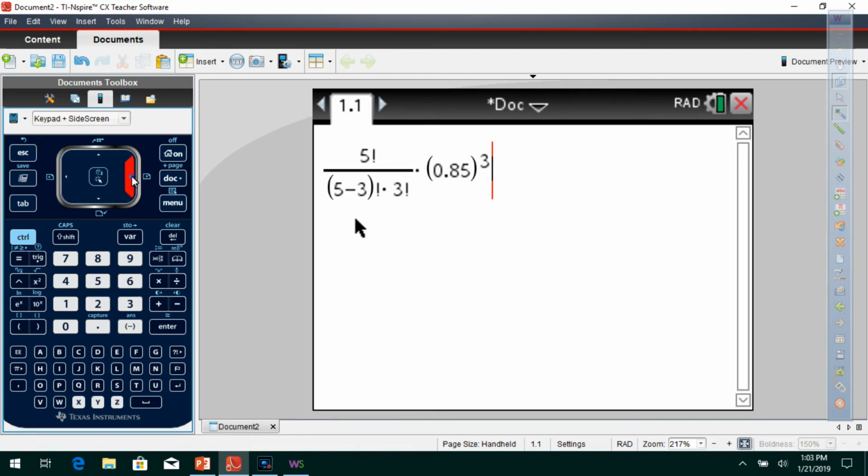Then you've got to make sure you see how that line got long. Now you can times 0.15 close parentheses squared.